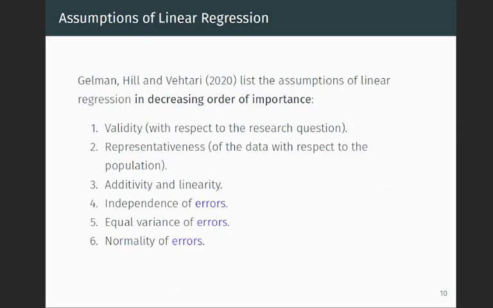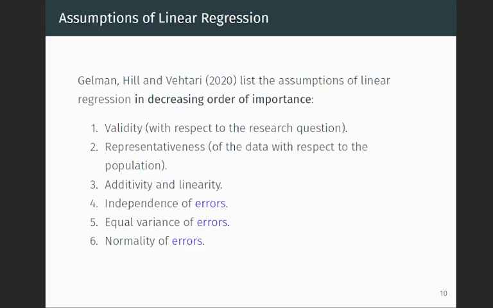So number 3 is additivity and linearity. We'll go a little bit into what this means, but essentially it means whether the regression equation is a good description of your data generating mechanism. Then number 4 is the independence of the errors, so independence of your epsilon i's.